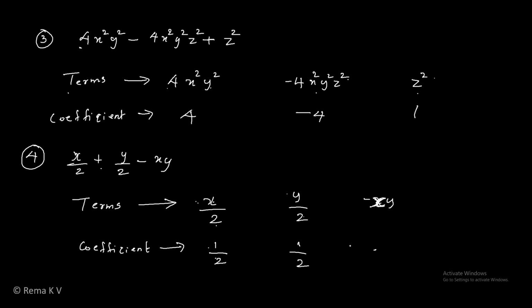What is the coefficient of this? Coefficient, not the term. Coefficient. Which is the numerical factor here? It is minus 1. So minus xy can be written as minus 1 into x into y. So the numerical part is minus 1. So the numerical coefficient is minus 1. Is it clear?